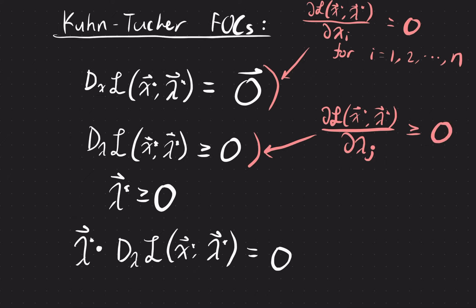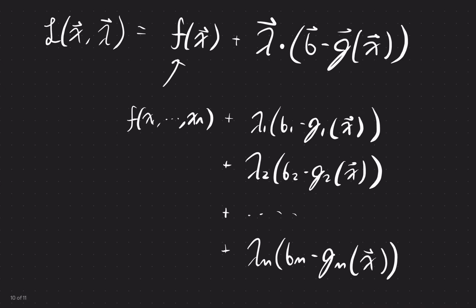And here as well it should be a vector. My bad. This partial derivative is going to be greater than or equal to 0, but this partial derivative itself is just going to be equal to the constraint when moved to one side.